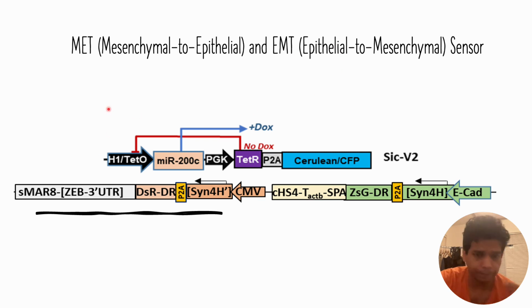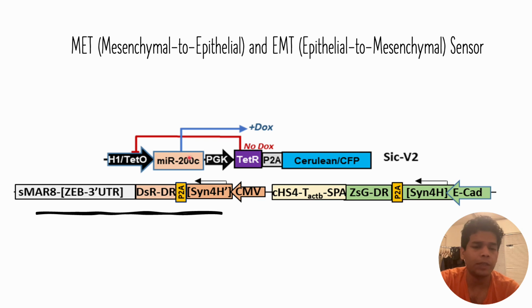And in the process of ZEB protein formation, there is a post-transcriptional regulation at the 3' untranslated region of the ZEB, and this untranslated region will get affected by small microRNAs. One of the microRNAs used in this plasmid arrangement is microRNA 200.